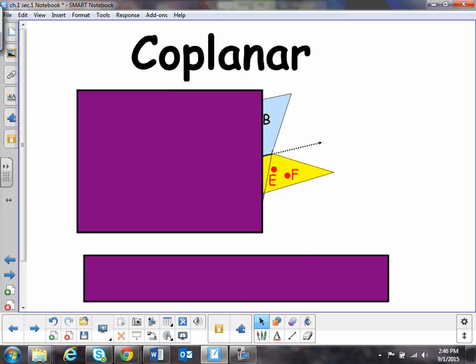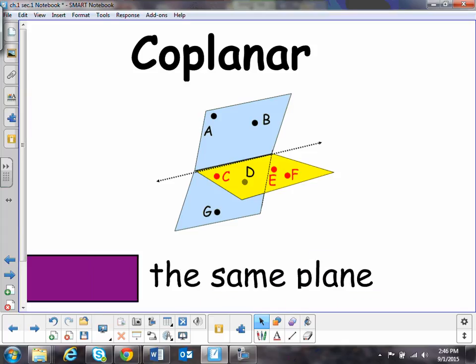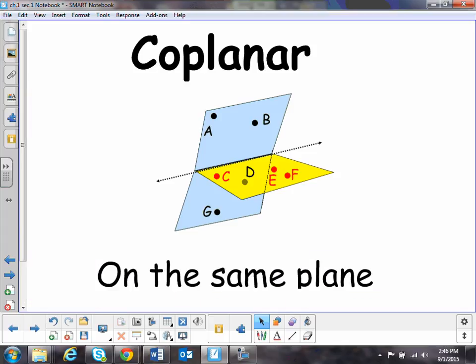Coplanar means on the same plane. So here we have an example picture of two planes. We've got a blue plane and we've got a yellow plane. You'll notice the red points are on the yellow plane and all the black points are on the blue plane. So to name a set of coplanar points, let's talk about the red ones, being the yellow plane.